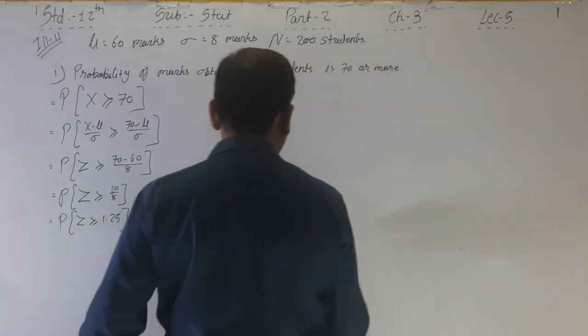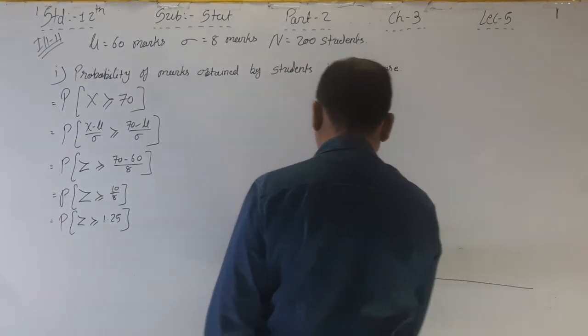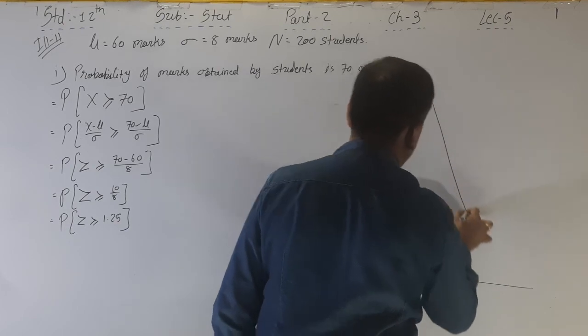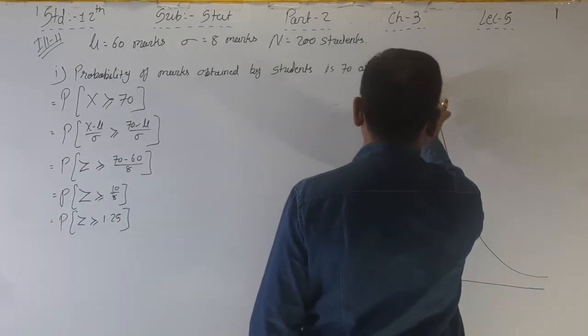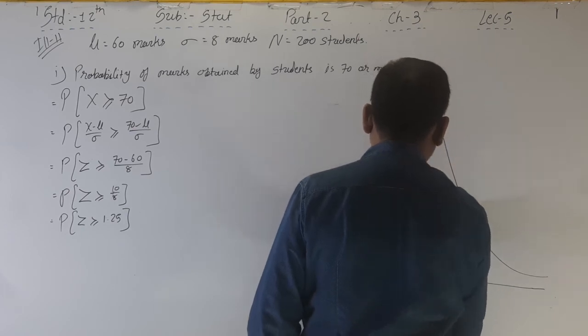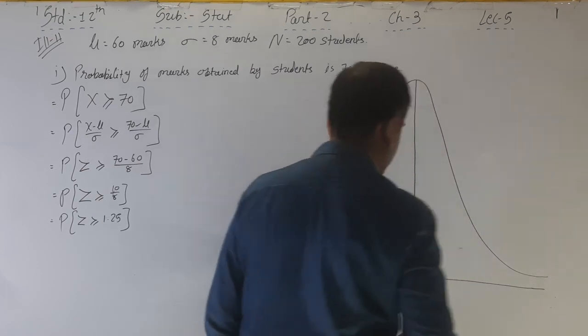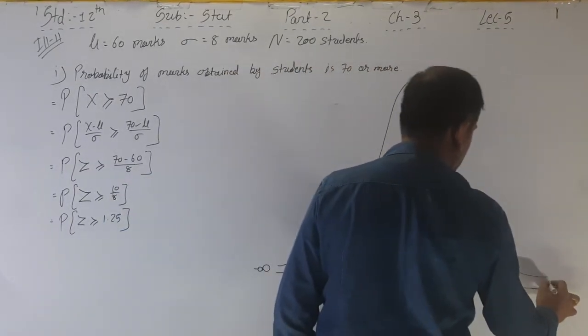Now, draw the diagram. Here Z is equal to 0. Here minus infinity. Here plus infinity.